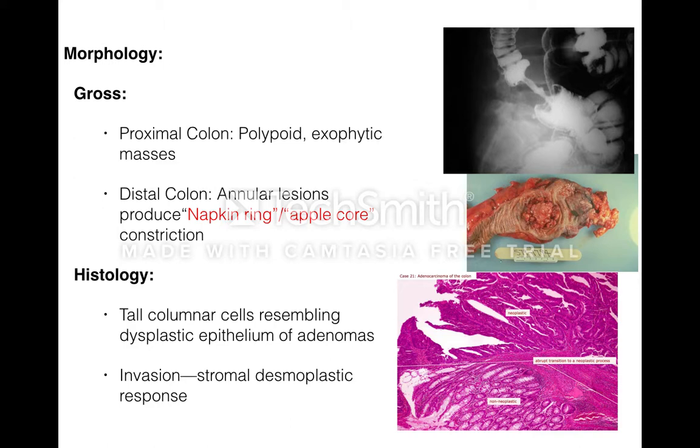On histology, you can appreciate tall columnar cells resembling the dysplastic epithelium of adenomas with nuclear hyperchromasia and elongation and stratification. However, there will also be invasion, which results in a stromal desmoplastic response. So in this bottom right slide, what you can see is the upper portion is the neoplastic portion, and the bottom is the non-neoplastic. And there's this abrupt transition to the neoplastic process.